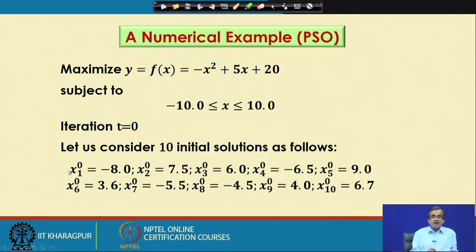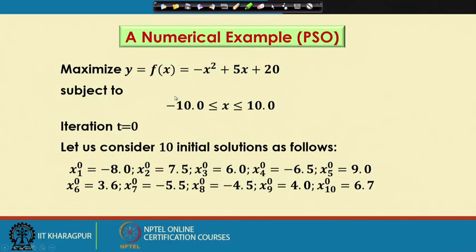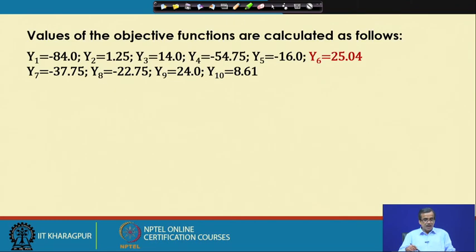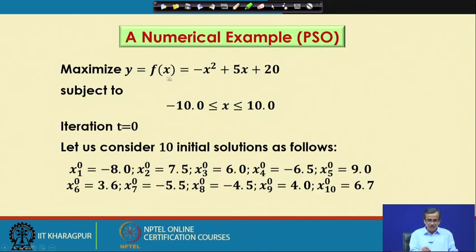Now, all such numerical values for the design variables are generated at random, within the range for the variable. And for simplicity I have considered the swarm size equal to 10. Based on these values of the design variables, I can find out the objective function value using this expression. If I substitute the values of x, I will get the y values.